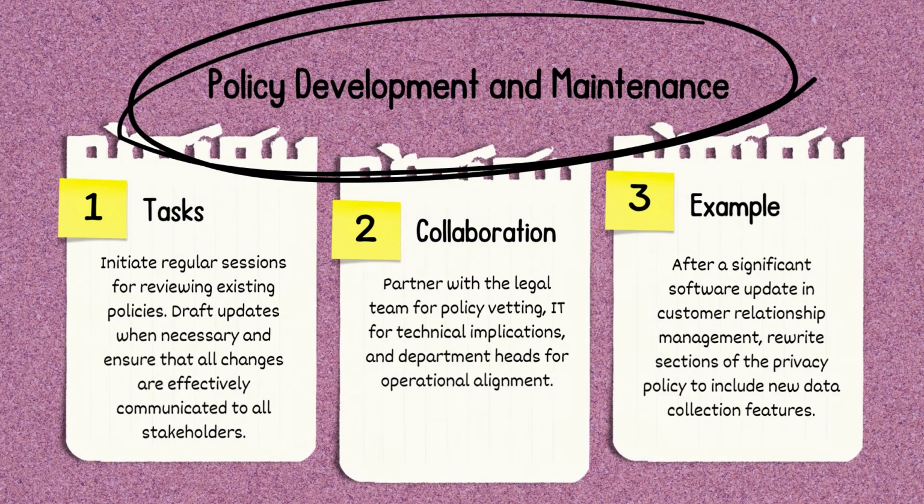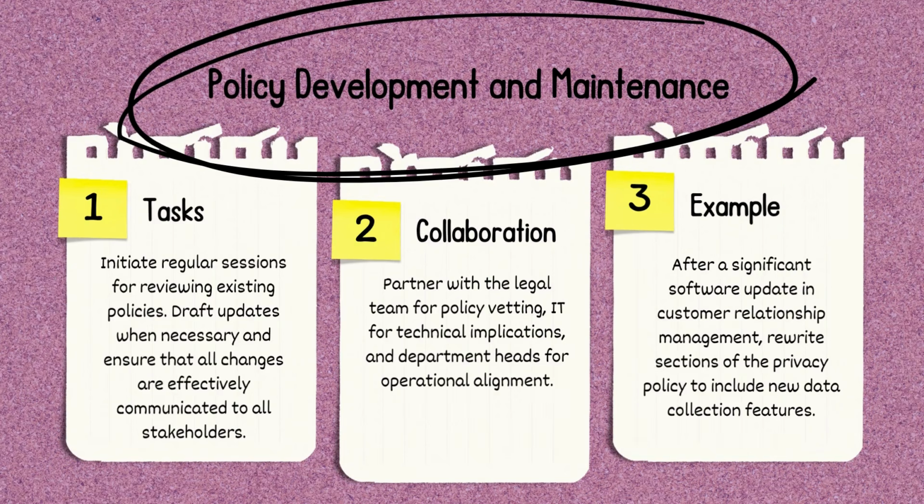Next task is to develop policy and maintain it. As a DPO, you need to initiate regular sessions for reviewing existing policies and draft updates when necessary, and ensure that all changes are effectively communicated to all the stakeholders within the organization, right?